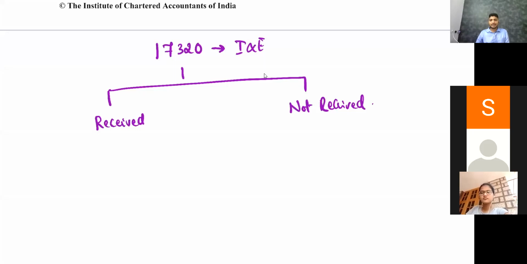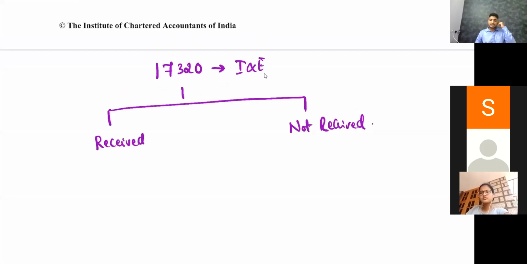Now, for me to prepare receipts and payment account, I need to understand how much is received. Because if I have not received it, it will definitely not come in my receipts and payment account.